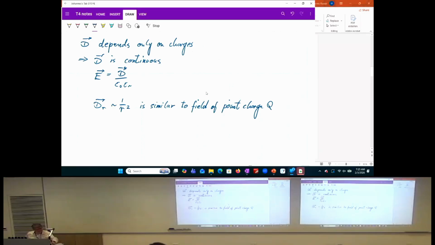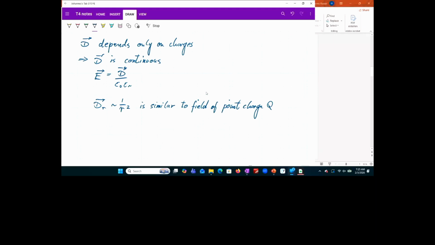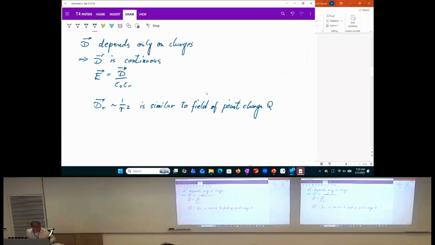Okay, so you can now use this relation from the Gauss law to determine the D field very nicely. But we also said in the lecture the more general way to find the E field, and here it works quite nicely because of the spherical symmetry.